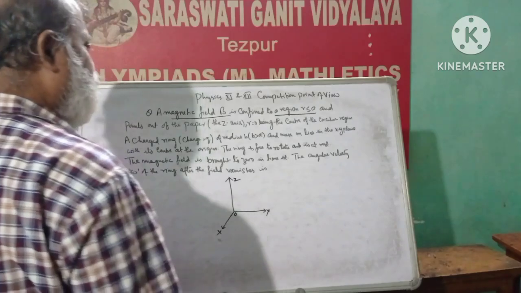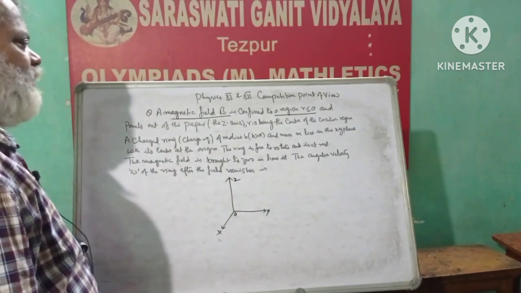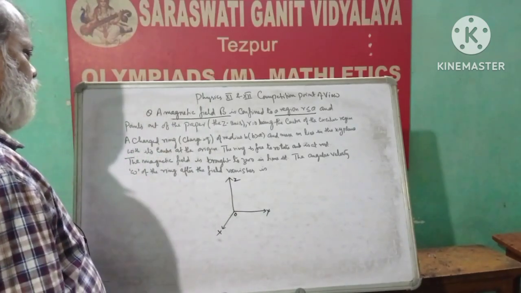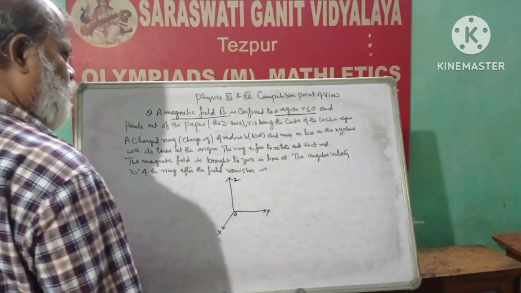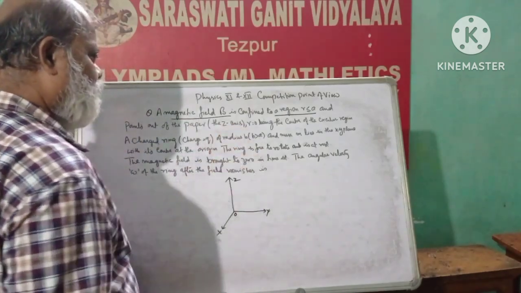A magnetic field B is confined to a region R less than or equal to A, and points out of the paper along the z-axis.